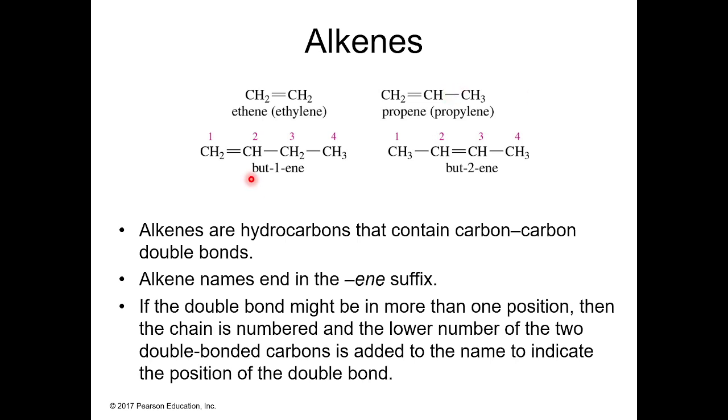How about 4 carbons? So we could have it there, right? But we could also have it in the middle, can't we? And those would be different, wouldn't they? See that? Double bonds in different places. If we had it here, by the way, we would just flip it. It'd be the same as this one, wouldn't it? Okay, and so when we have it where it would be different, 4 or more carbons, we have to specify where it is.